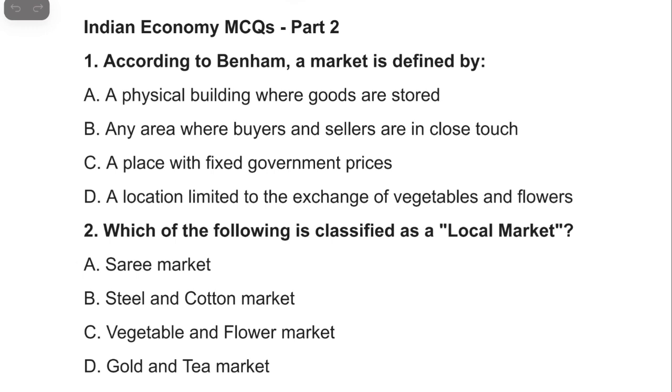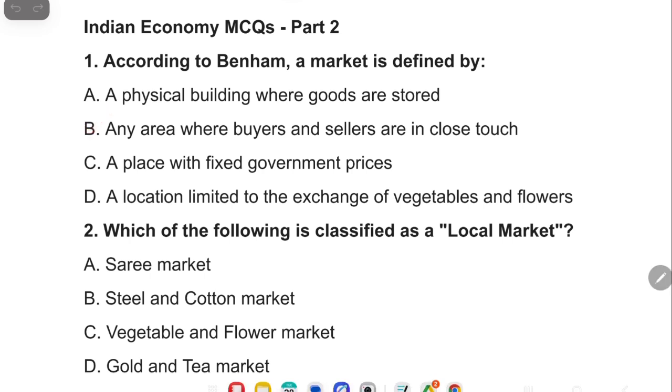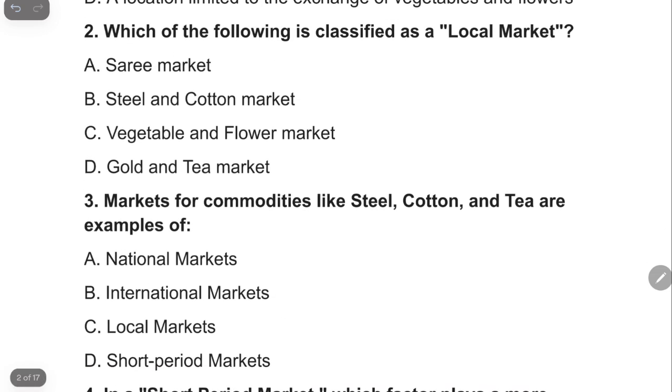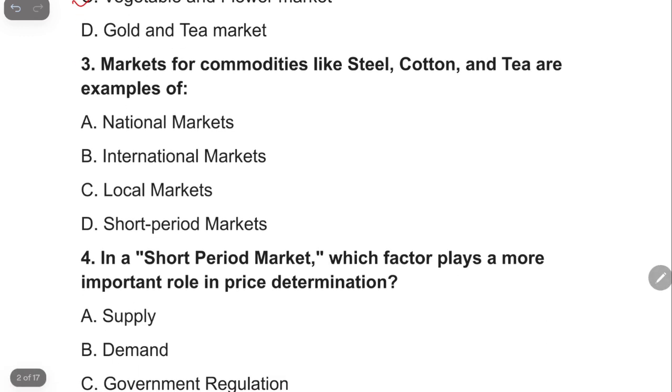கடன்னு பண்ணலாமா? According to Benham, a market is defined by anywhere where buyers and sellers are in close touch. So option B. Which of the following is classified as a local market? Vegetables and flower markets.